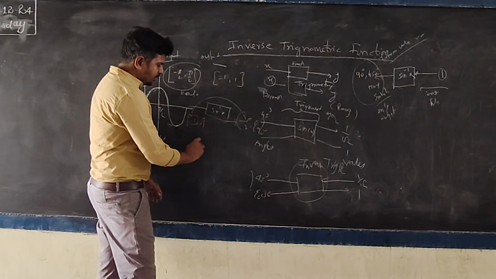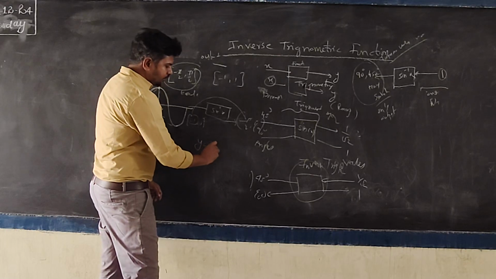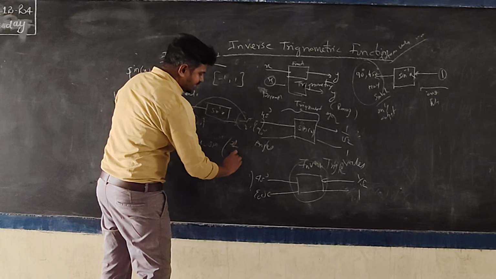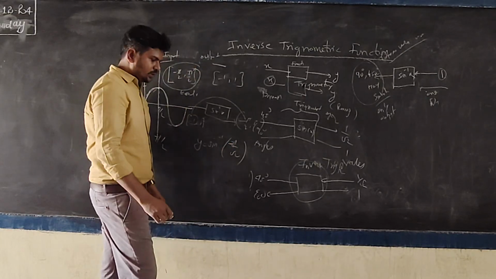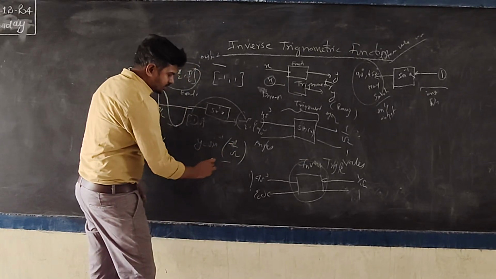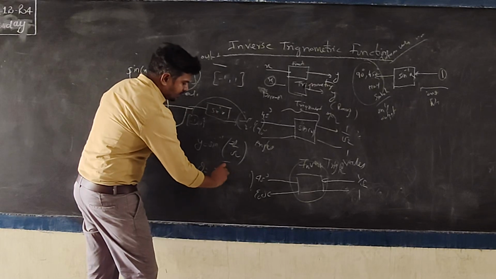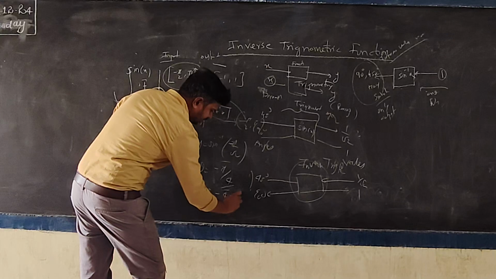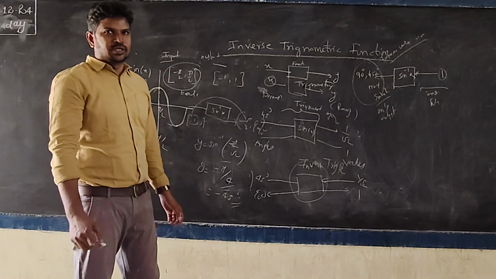For example, if y is equal to sine inverse of minus 1 by root 2, the principal value is theta equal to minus pi by 4, or minus 45 degrees.